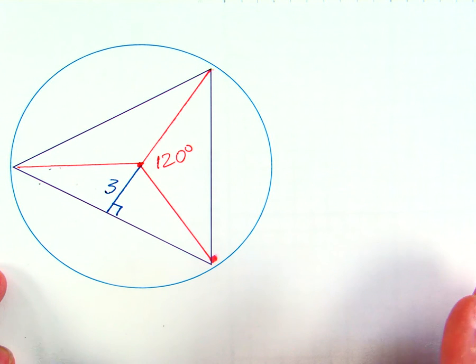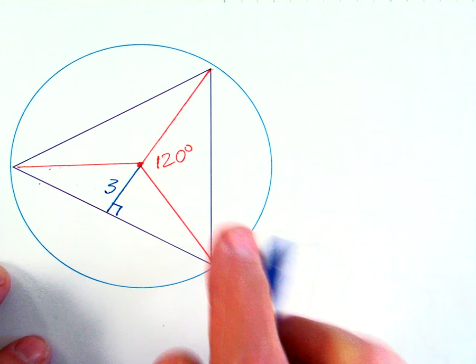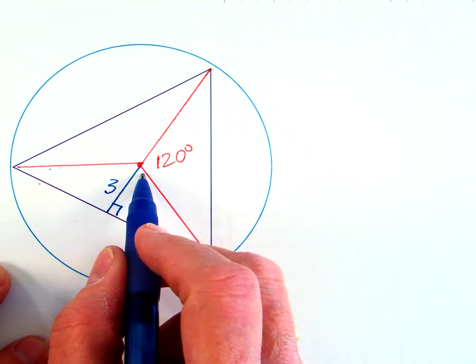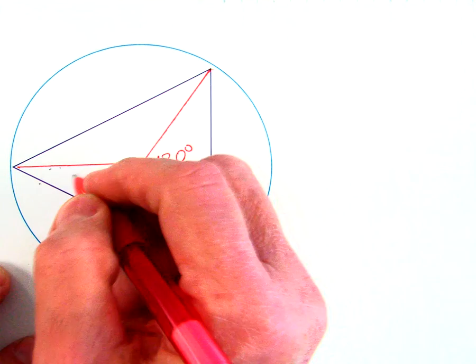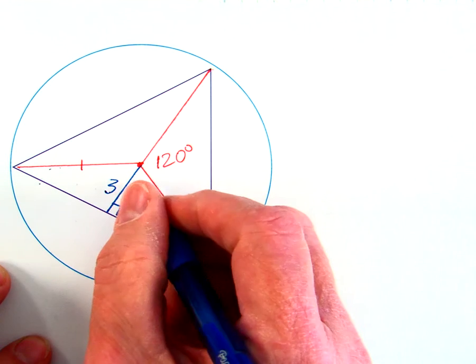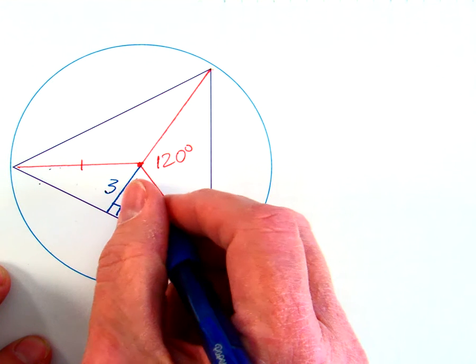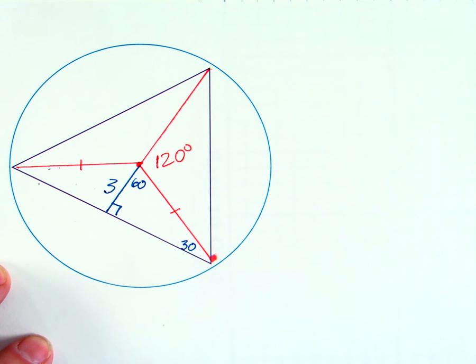Now we need to figure out the perimeter and the area of the triangle. Well, this is bisected because it's the altitude of an isosceles triangle. So the angle is bisected and it would be 60. The other unknown would be 30. So we have a 30-60-90 right triangle.